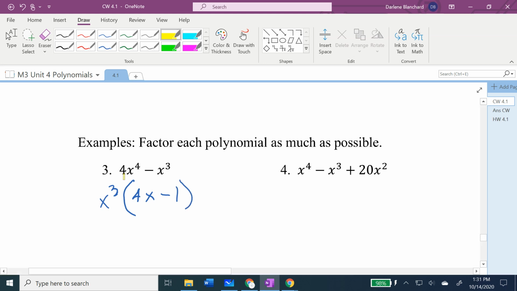Now, if you manage to take a common factor and it's just a single term, x cubed is just a single term, one factor, set it aside, you are done with that as far as factoring is concerned. Then you want to look at what's left in the parentheses. If you have a linear polynomial, you can't factor any further.